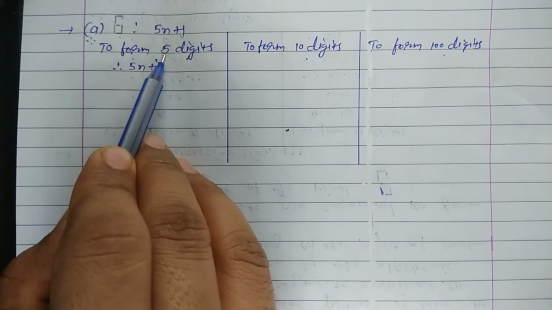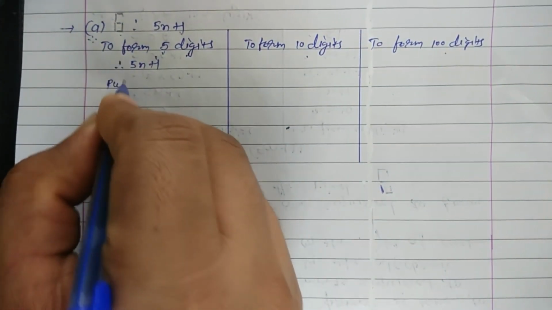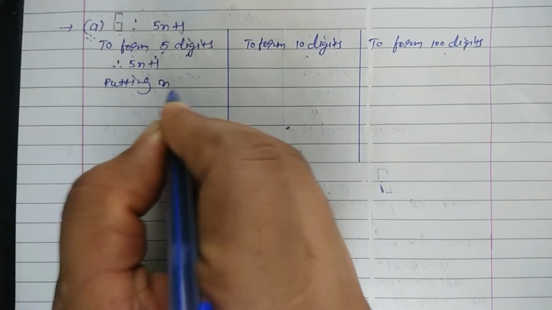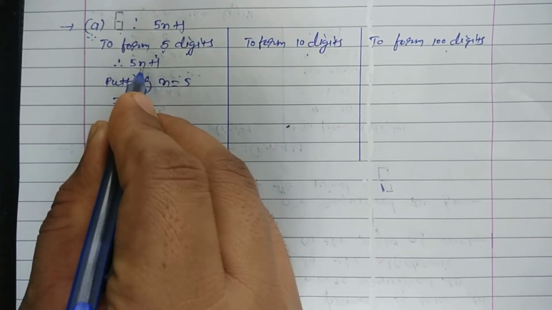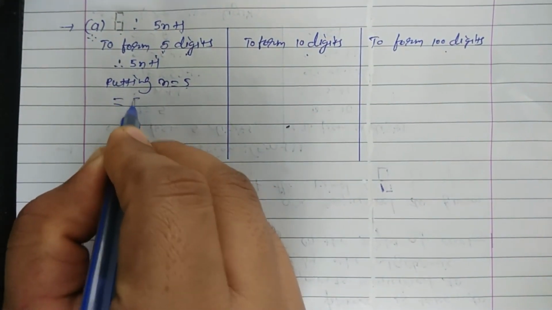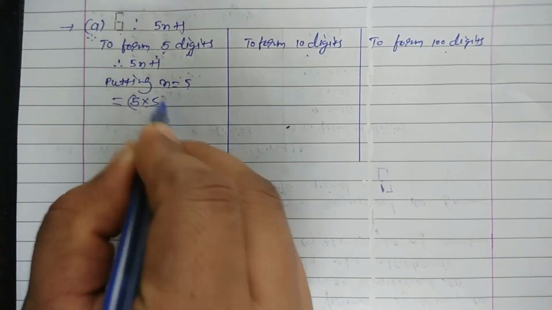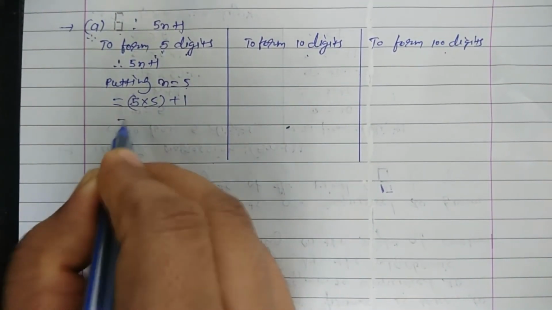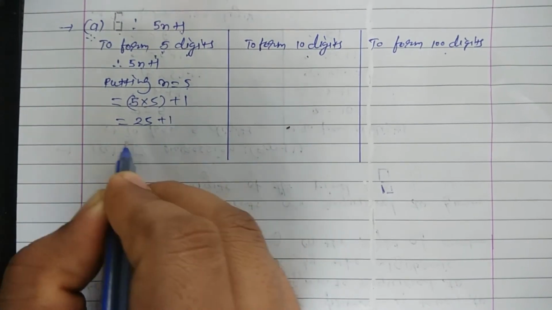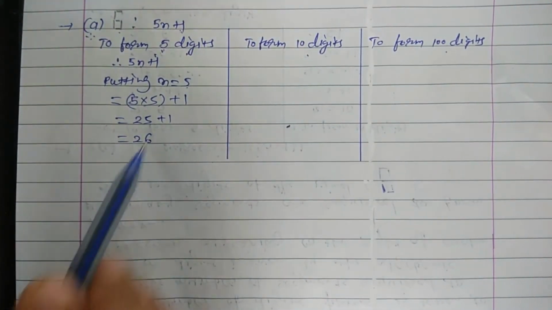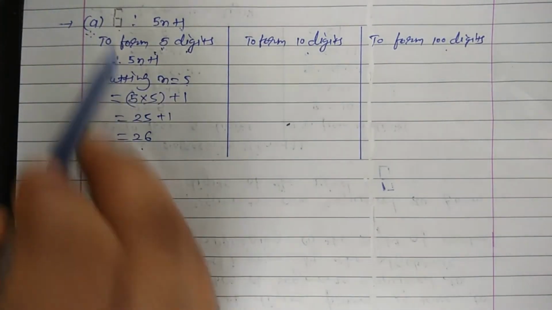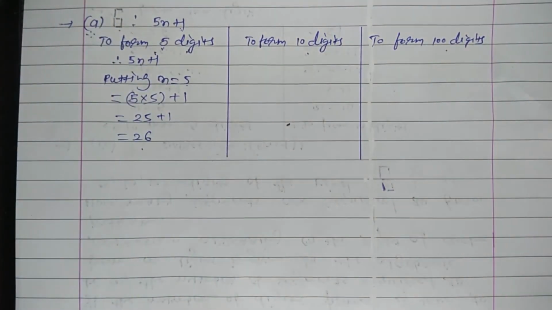That means the number of segments required for 5, 10 and 100 digits. So here we directly use this expression, 5n plus 1, and to form 5 digits, n is equal to 5. Putting n equal to 5, instead of n we write 5, so it is 5 multiplied by 5, bracket close, then plus 1. 5 5s are 25 plus 1, that is equal to 26. So 26 segments required to form 5 digits of digit 6.